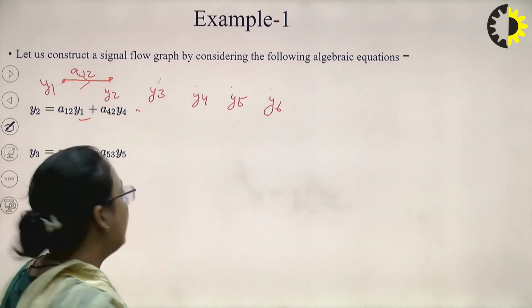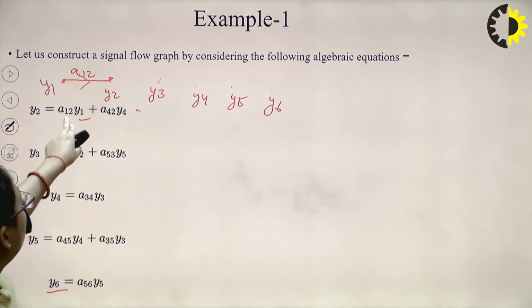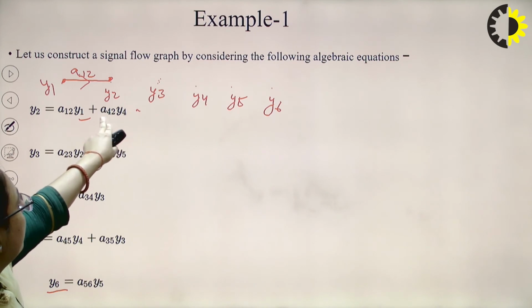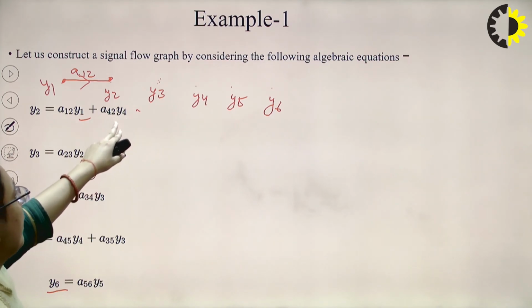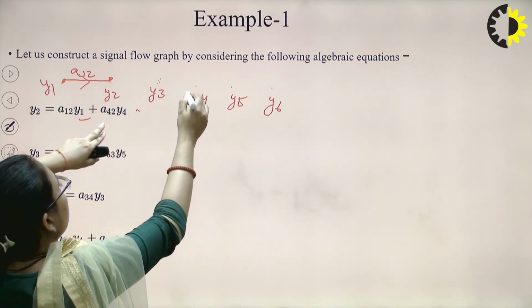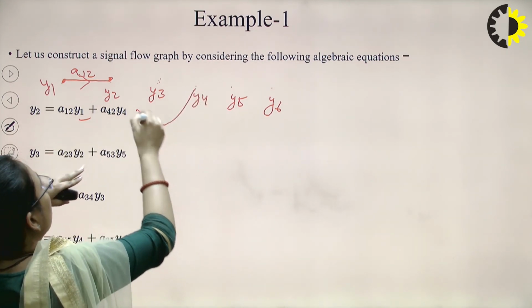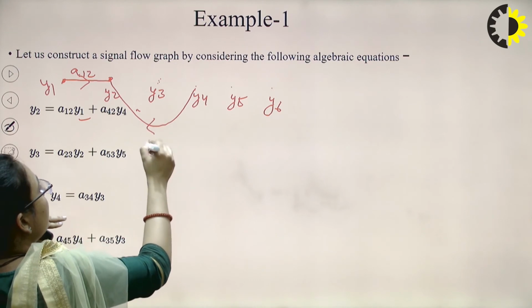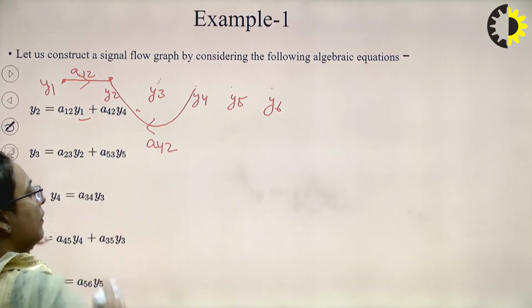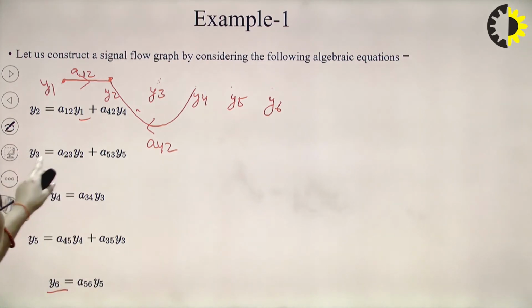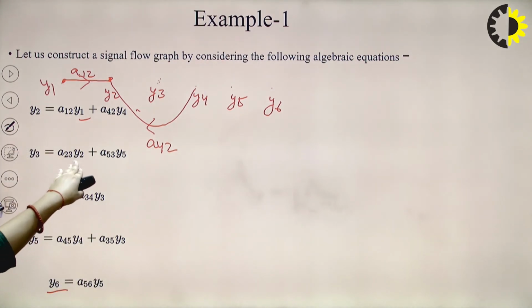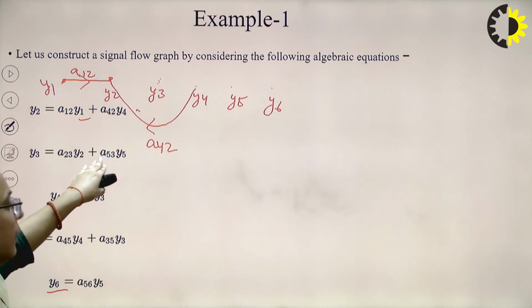Now at y2 we have a12, and another branch is coming from y4 with a gain a42. We can draw it like this and write the gain of this loop. Now y3 equals a23 into y2 plus a53 into y5.